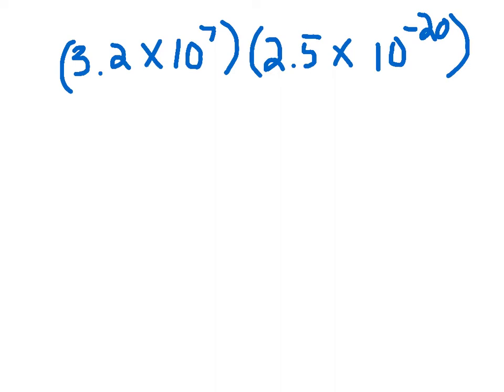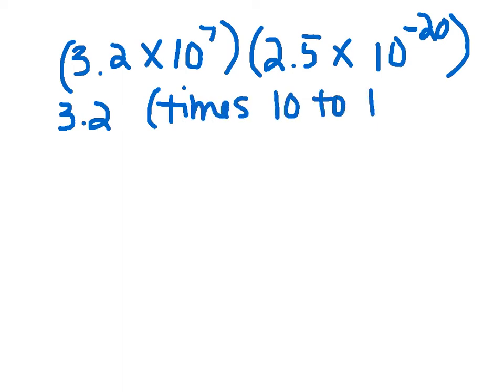To enter into my calculator, I have to do 3.2, and then I need my E button. The EE button, or E button, means times 10 to the. That's what it means.